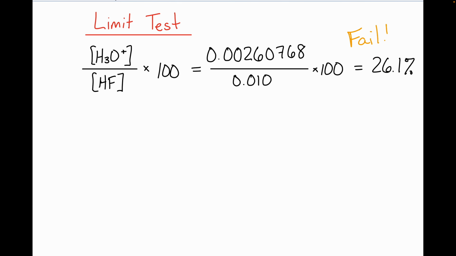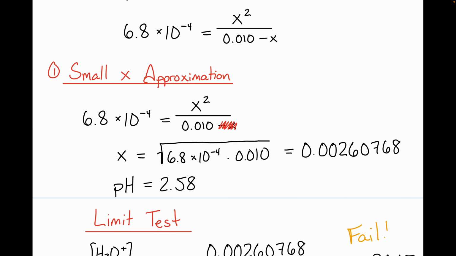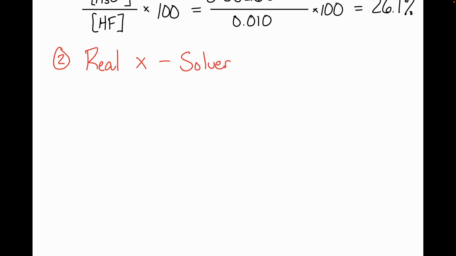All right, so after we fail, instead we need to calculate our real x. And we need to go back to our original equation here, right? We don't get to scratch x from our denominator. We're back to that original one here.